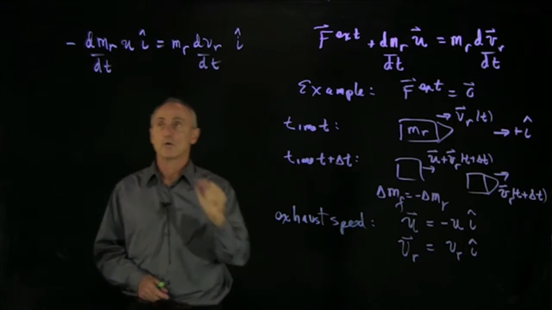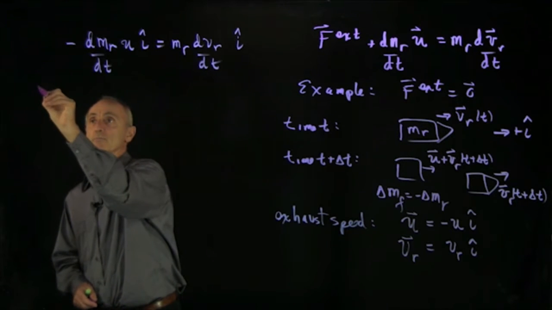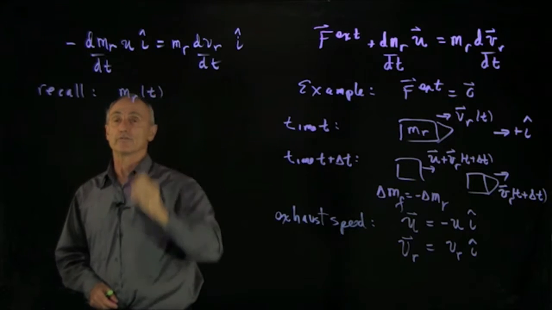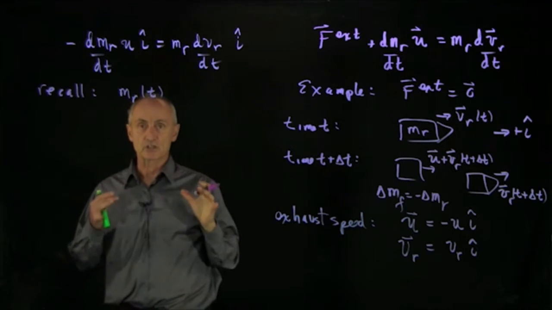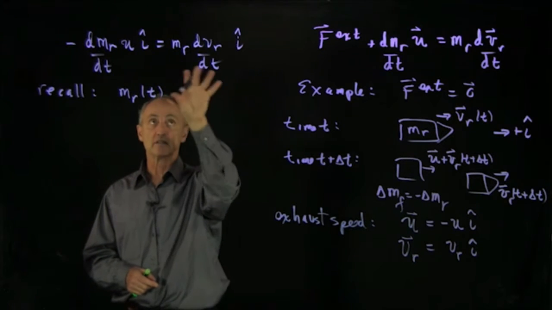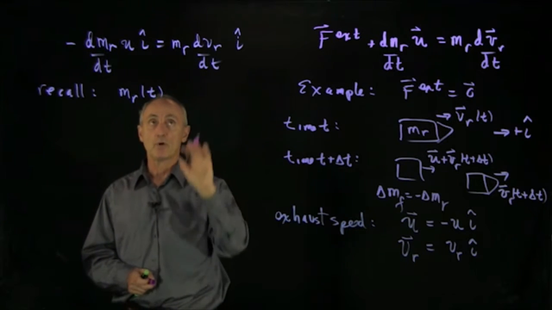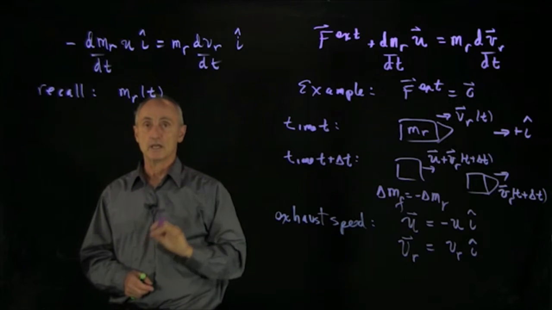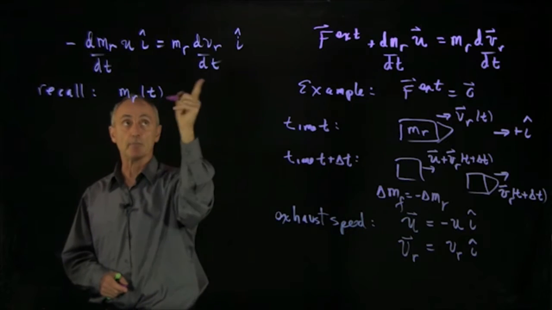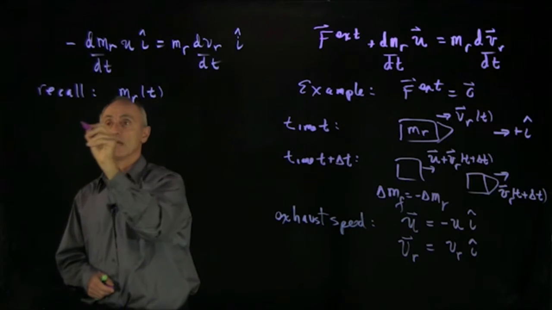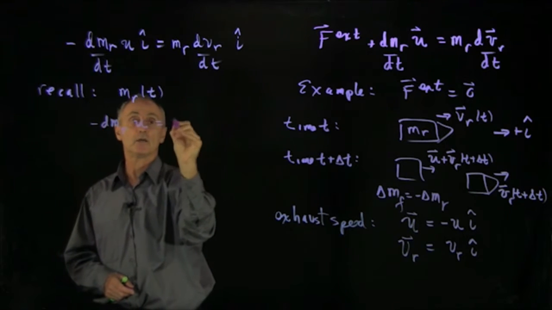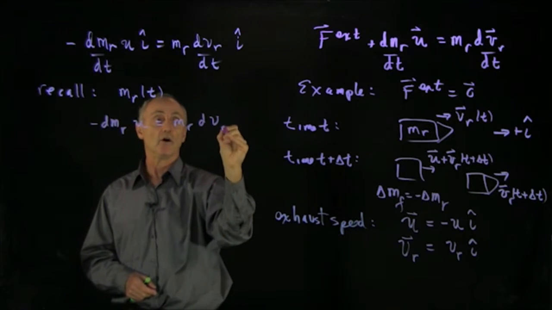Now, in this equation, it's important to recall that m_r is a function of time. And unless we have an explicit model for how the mass is ejected, in principle, we can't solve for the time behavior, but we can look at this differential equation just by eliminating the time completely by multiplying through by dt, in which case we have minus dm_r u equals m_r dv_r.